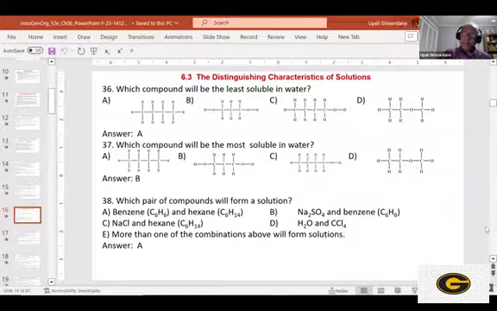Least solubility is with dissimilar intermolecular forces. Water is polar, therefore butane here is non-polar, therefore it's least soluble. So we know this.